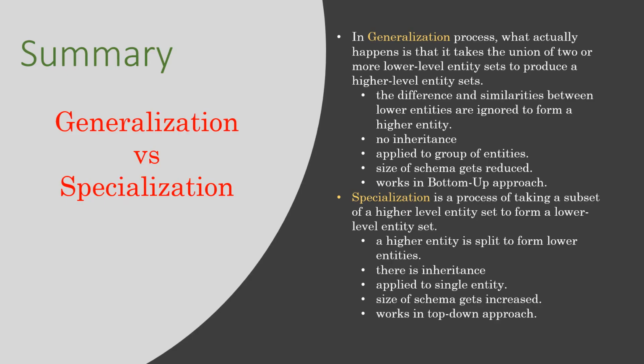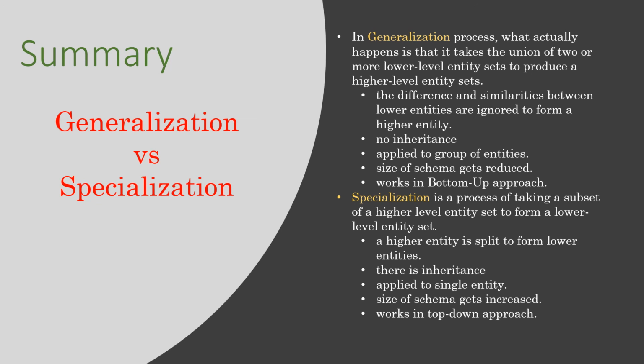To summarize our lecture, generalization versus specialization. In the generalization process, what actually happens is that it takes the union of two or more lower level entity sets to produce a higher level entity set. The differences and similarities between the lower entities are ignored to form a higher entity. There is no inheritance.